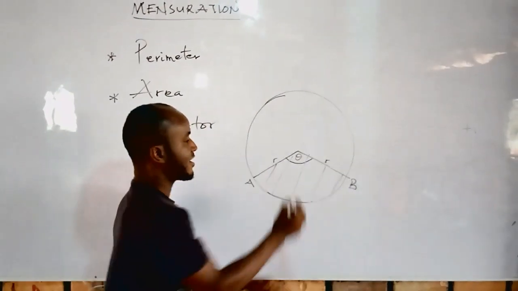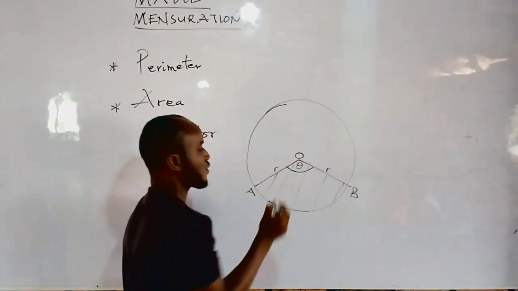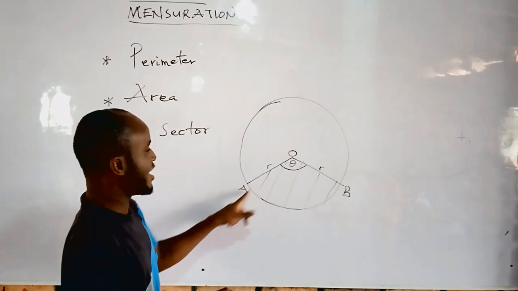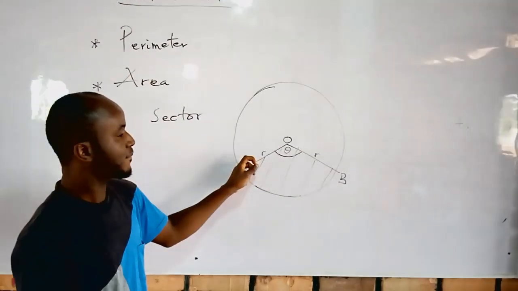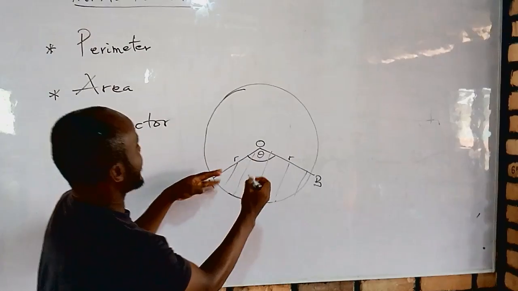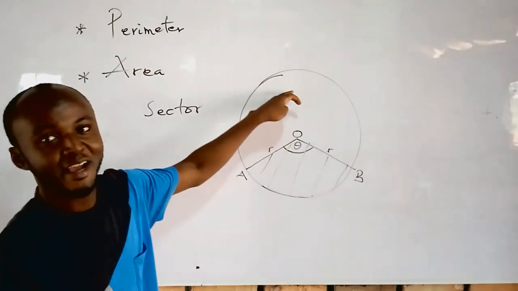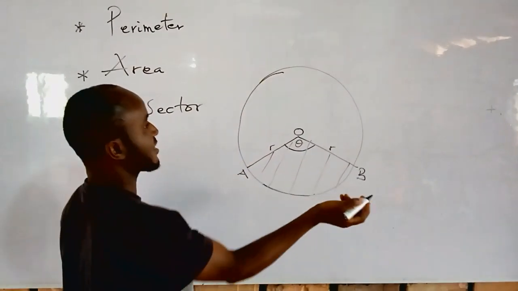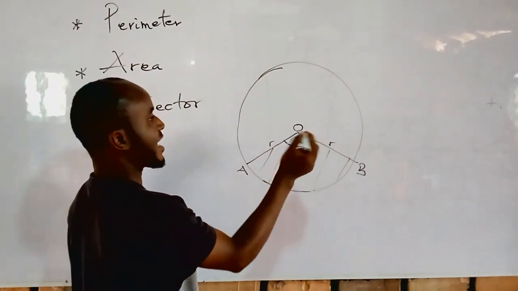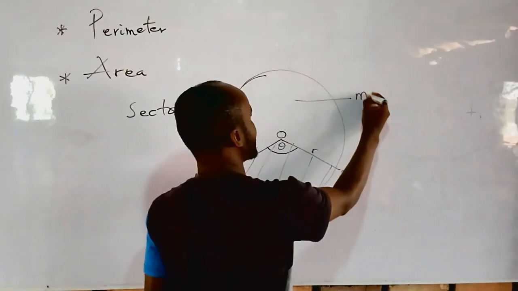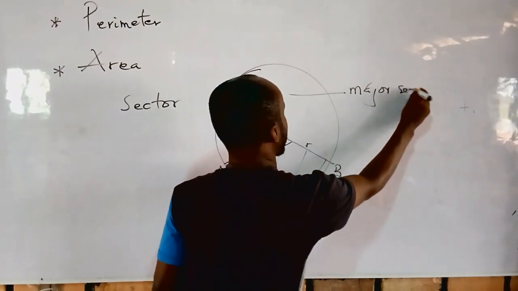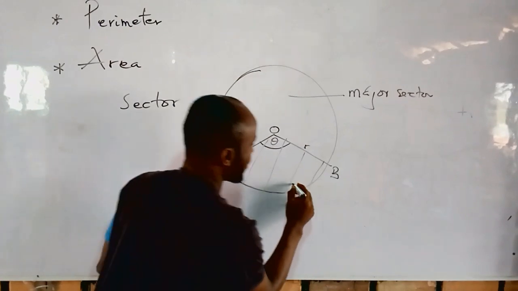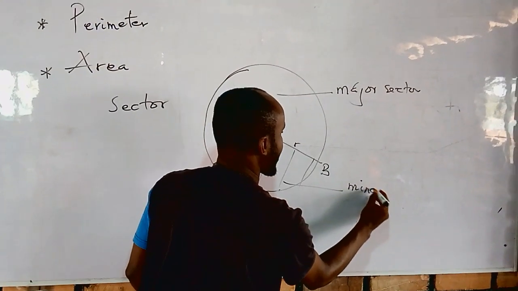Arc AB. Center O. So in short, AOB is a sector. The unshaded portion is also called a sector. The part that I have not shaded is also called a sector. So I'll call this one the major sector, and call the shaded portion the minor sector.